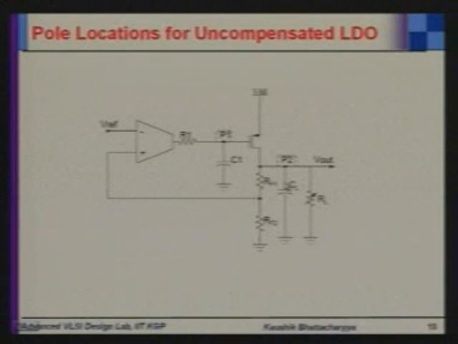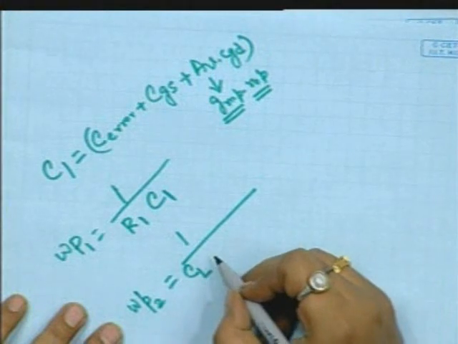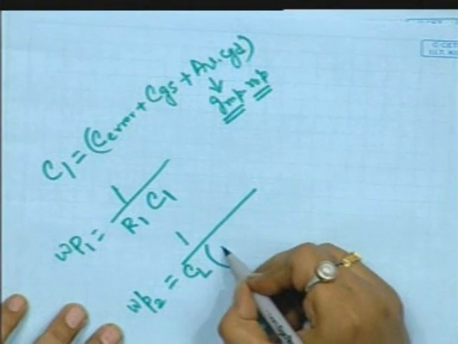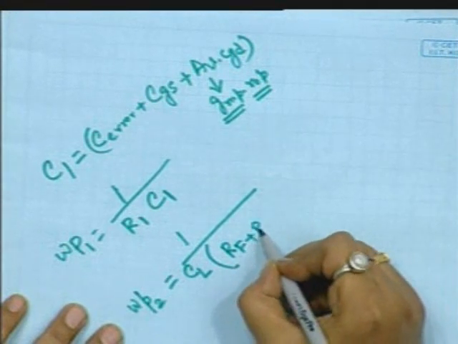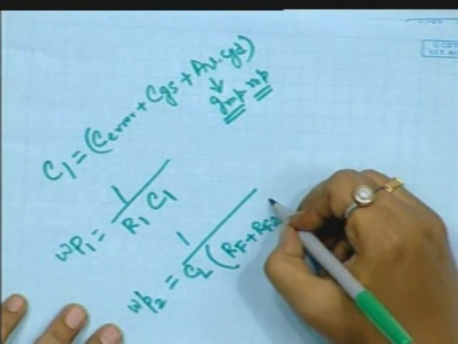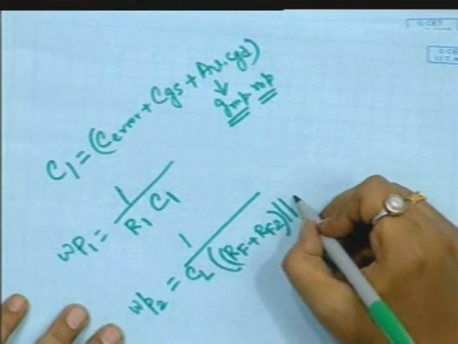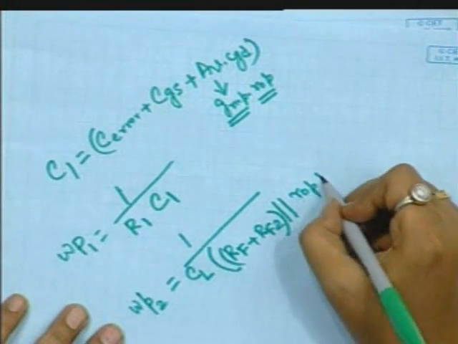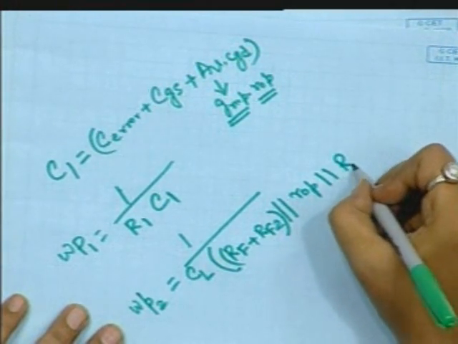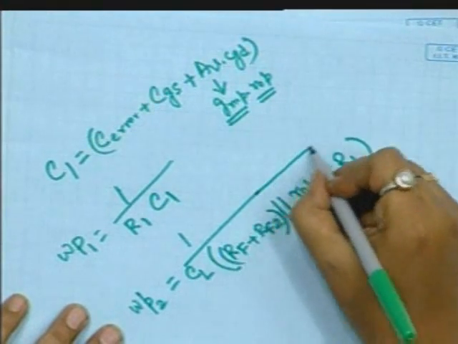We cannot achieve the advantage of the extra 0 provided by this component, which is also one of the drawbacks of these on-chip LDOs. So 1 by CL multiplied by RF1 plus RF2, the feedback resistance, parallel ROP parallel RL. These are the two pole locations.